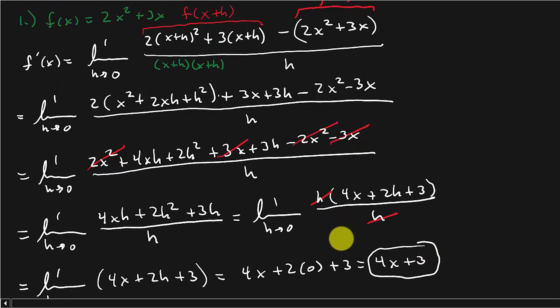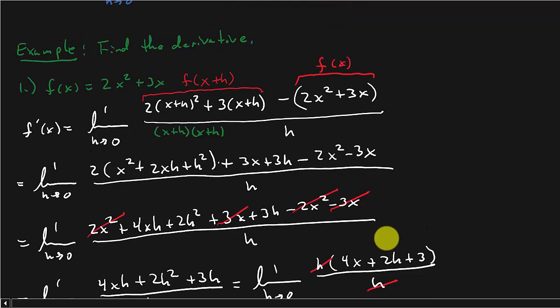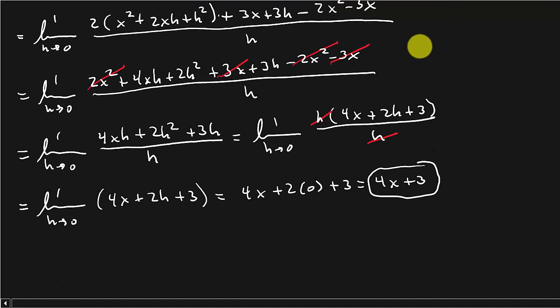Now, let me say this. Some problems, you'll have to evaluate the derivative at a point. So they could say, find f prime of, say, 2. If they want you to find f prime of 2, what I would recommend doing is find the derivative just like we did. So we have f prime of x is equal to 4x plus 3.